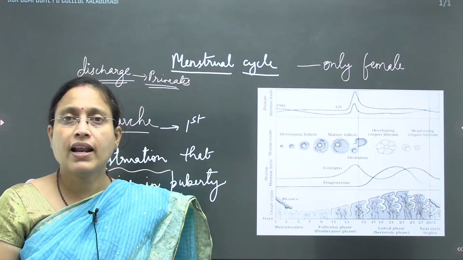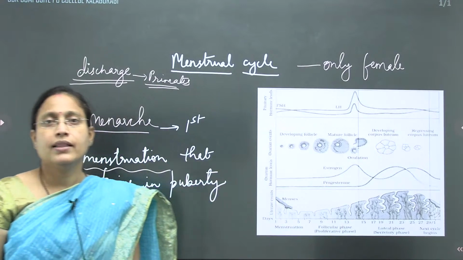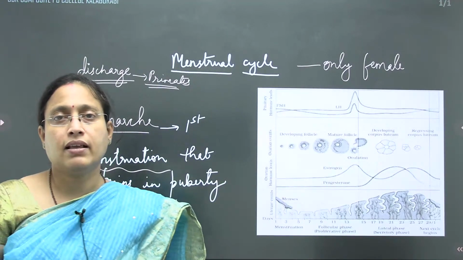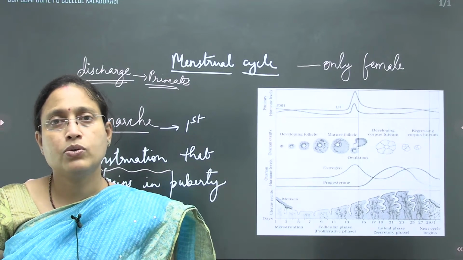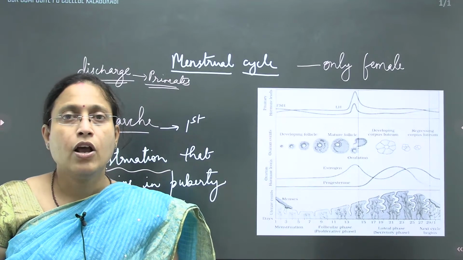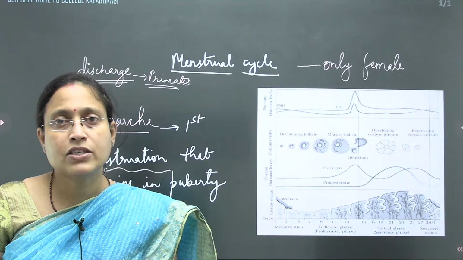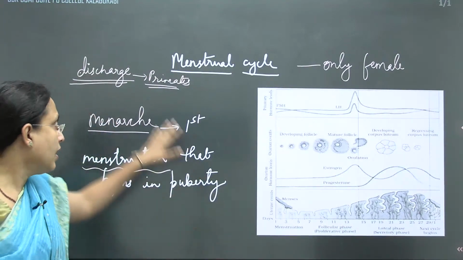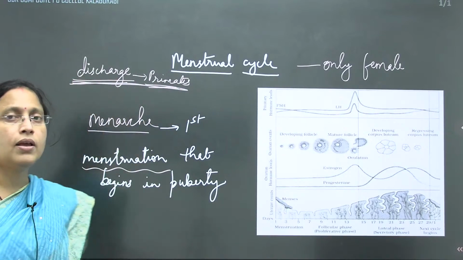Whereas other mammals, which are non-primates, do not have a menstrual cycle. Non-primates, like sheep, goat, horse, deer, bat, will not have a menstrual cycle. It means there is absence of discharge in those non-primates.